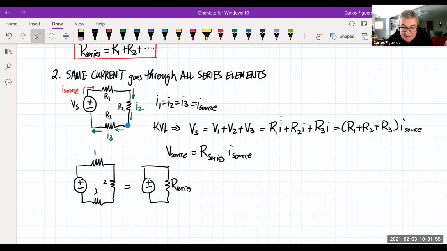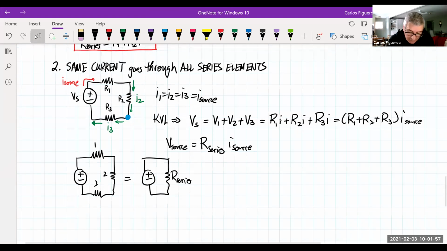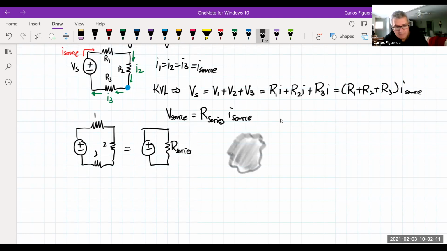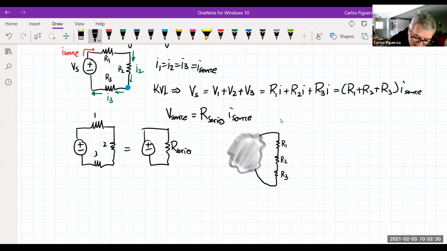Now, how do I see this in a circuit? You're never going to get this from me. Never, ever. You'll have some complicated circuit, and you're going to look at a piece of it, like taking bites out of a sandwich. You'll see a branch with R1, R2, R3. Now I can take this circuit and draw the equivalent.